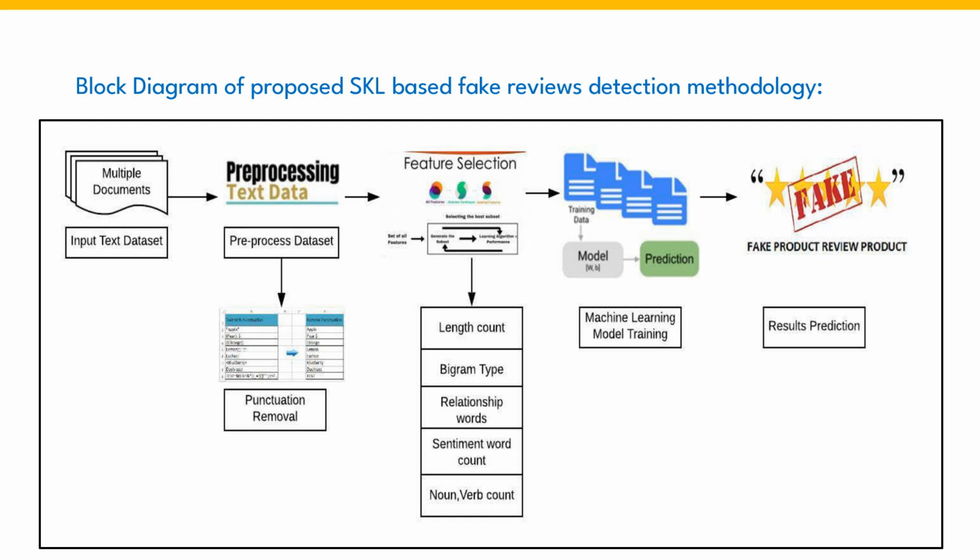Here, there are multiple documents in which the input text data has been created, and it sends the data to the text pre-processing stage, where it is converted as follows. The pre-processing phase includes the filtering process.